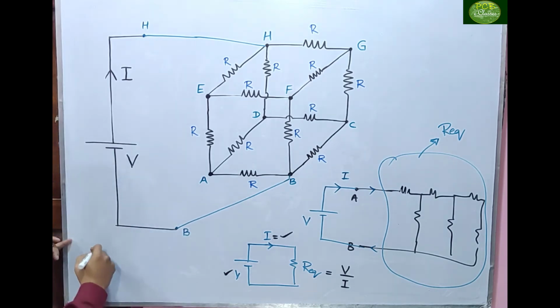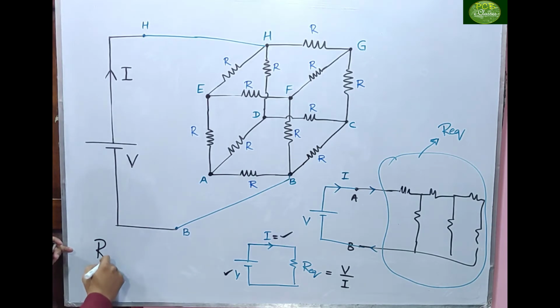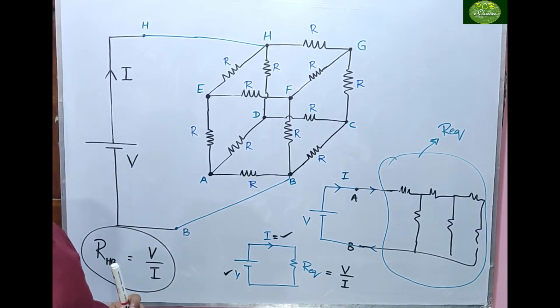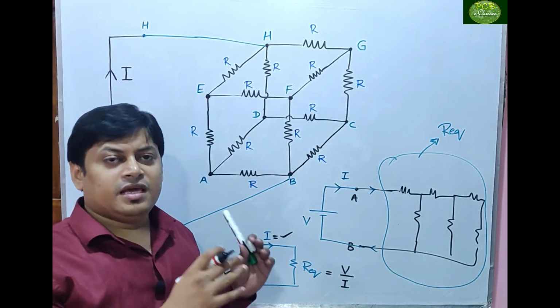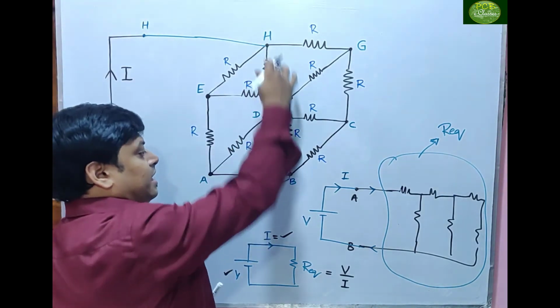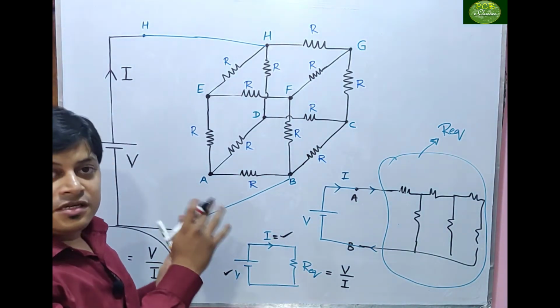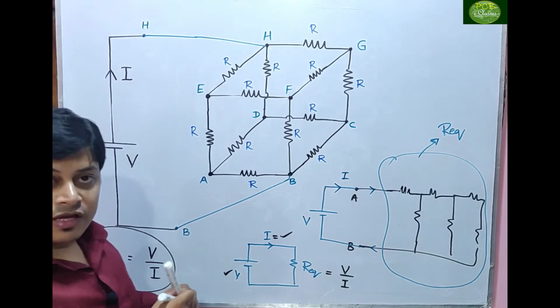So can I say the R equivalent across H and B, that is RHB, will be equal to V by I? Yes, I can say it. So the same thing I'll apply here and find the R equivalent across H and B. Fine? Let's start solving the question.